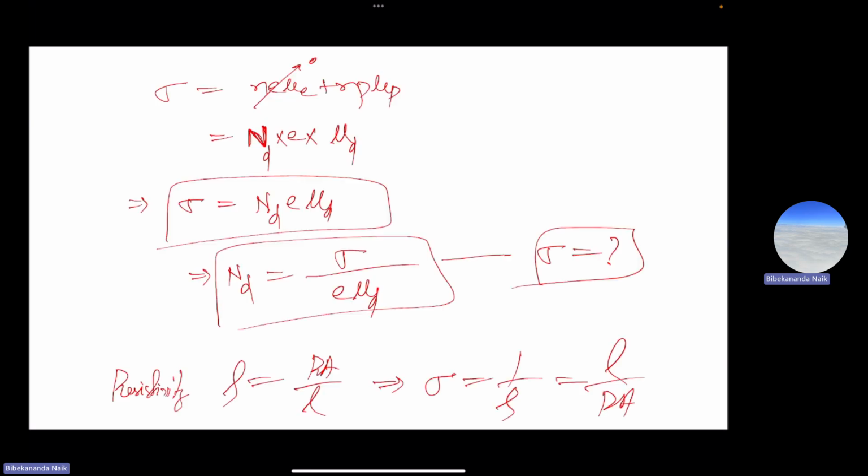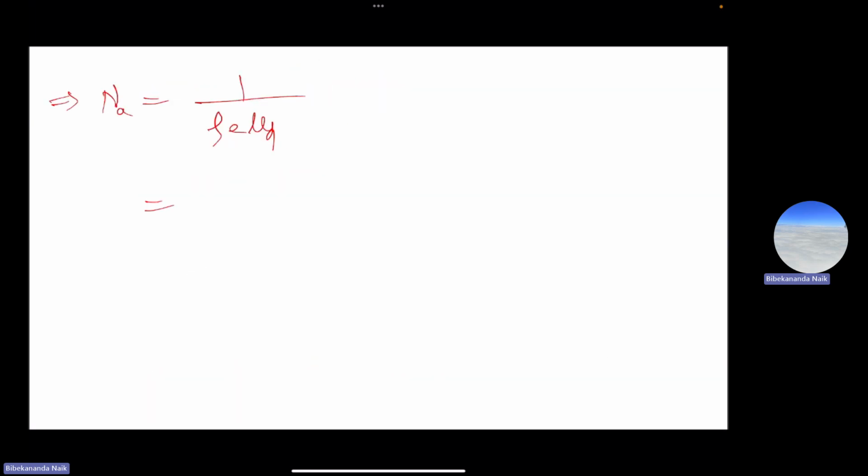So what will be the value of Nd? Nd is 1 by rho e mu d, because here it was sigma by e mu d. In place of sigma, we will put 1 by rho. So it will be 1 by rho e mu d. And rho is RA by L, where R is 100 ohm, we know.